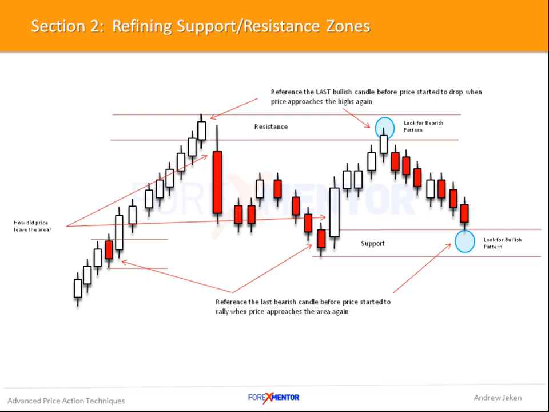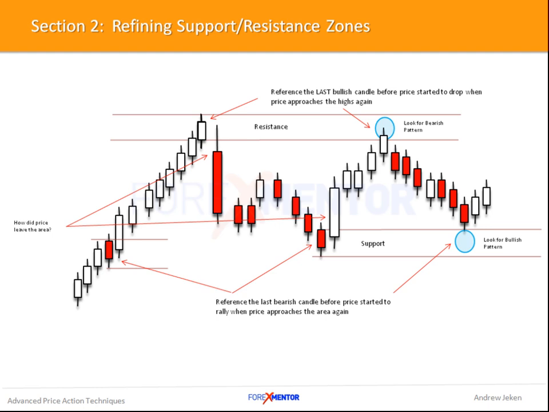Now, you may very well find a pattern in this actual swing, maybe a bat pattern or a Gartley pattern or another pattern that you identify with. We haven't discussed patterns yet, but when we get there, hopefully it'll make more sense to you. And once again, you're looking for price to reject from this level.